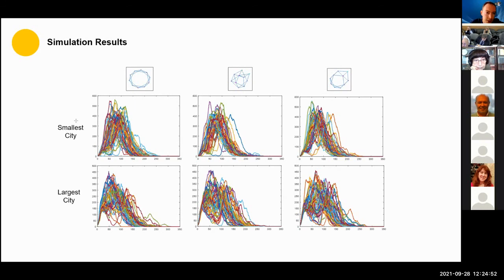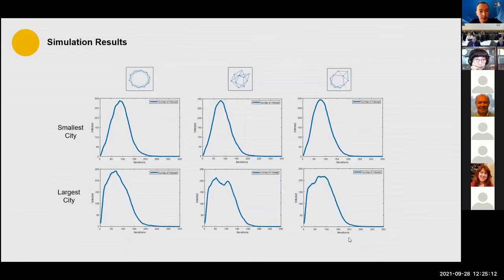So we have starting from the smallest city here, or the largest city. And of course, it depends on the country: either a perfectly connected country, a broken-off country, or an even worse-off country. And then these are the simulation results, the infection curves.